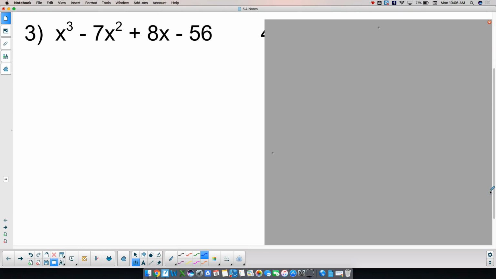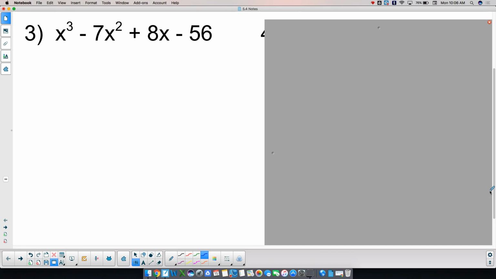So the first thing that I'm going to do: you can skip the list if you count 4 or more terms in your polynomial. Okay? Because the only one that deals with 4 terms is grouping. So you can go right to grouping if you got 4 or more terms.